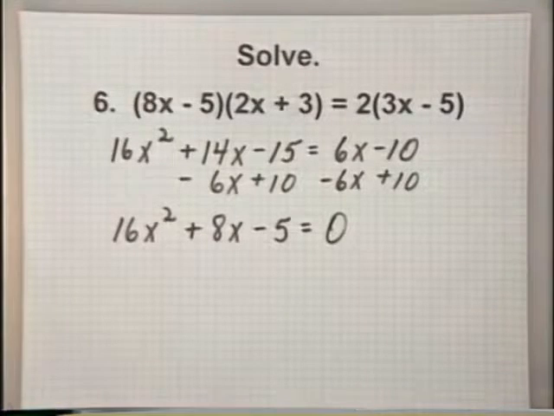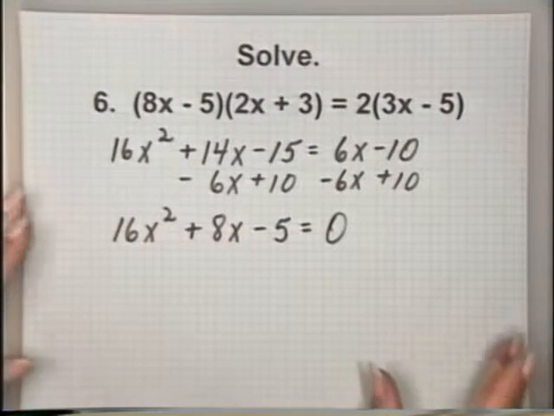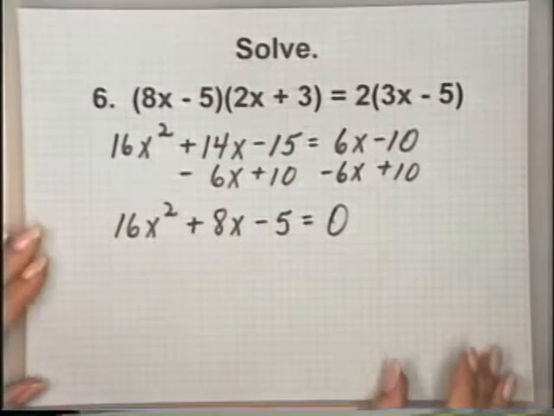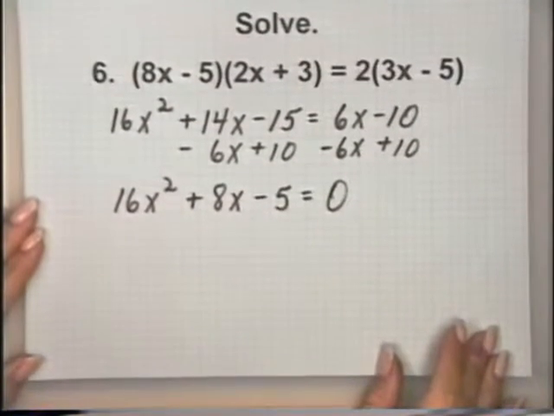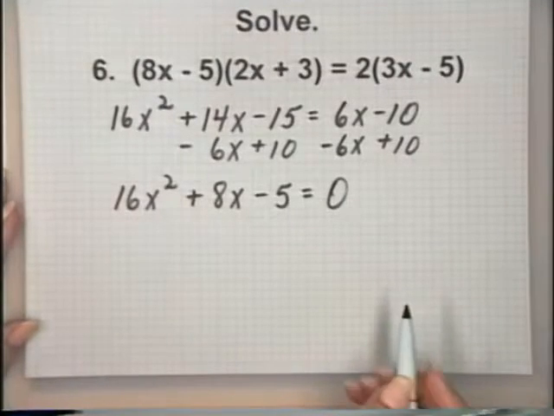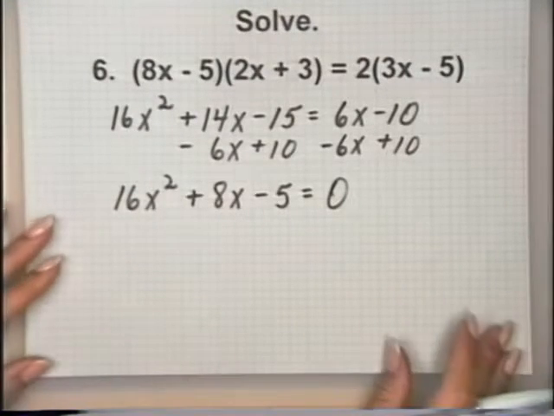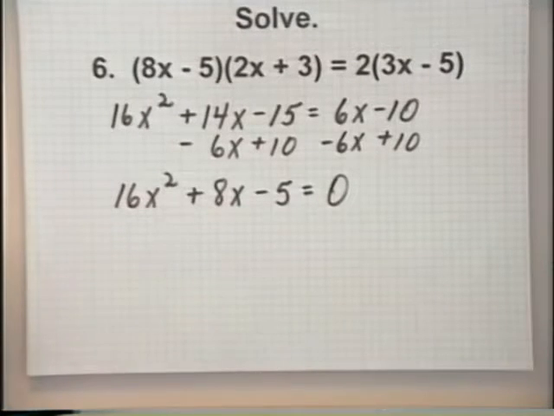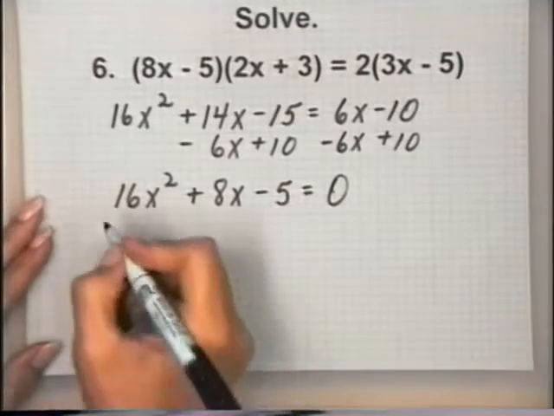Now, we could take some time and try to figure out if it factors or not. We could figure out what the discriminant is, and if the discriminant is a positive perfect square, then we would know it would factor, but I think I'm just going to go ahead and use the quadratic formula on it. Since it is written in standard form, and remember it has to be written in standard form to use the formula, we write it in standard form before we decide what A, B, and C are.